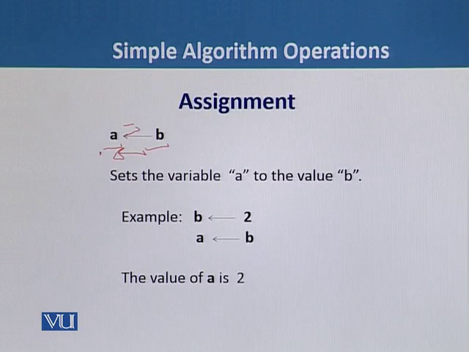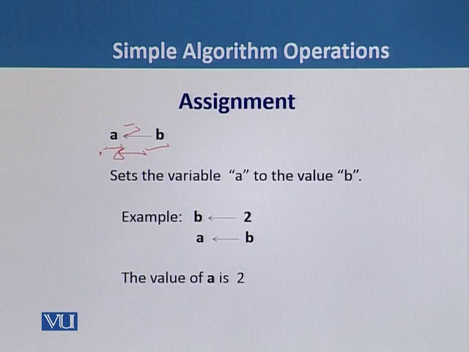This arrow can be assumed as equal to in mathematics, but generally in computer languages we do not use this equal to, but we use the left arrow key. So A, left arrow, B means that the variable A is set to the value of B.